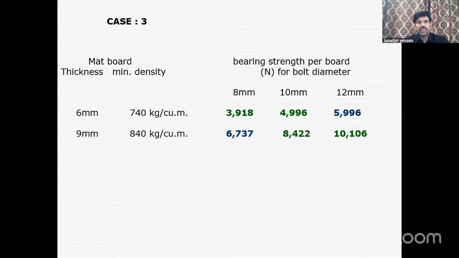These experiments clearly show that the more the diameter and the thicker the gusset plate, the more load it will take. We cannot simply use a larger bolt diameter and thicker gusset plate for all purposes. If the load is simple, you need not use that.